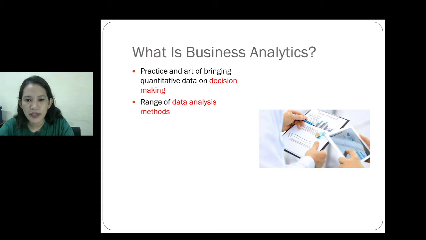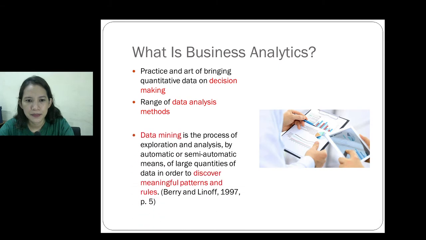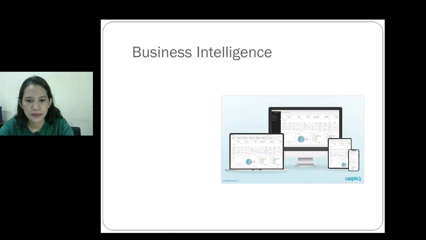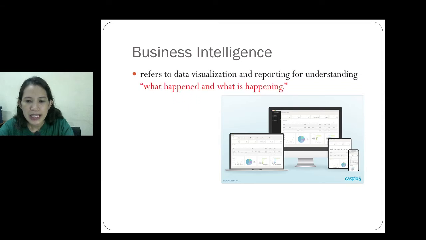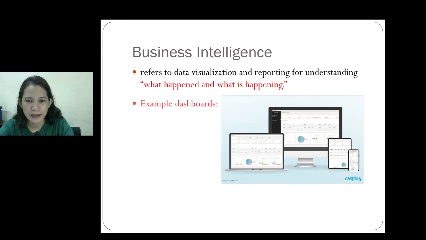The next level of analytics, now termed business intelligence, or BI, refers to data visualization and reporting for understanding what happened and what is happening. This is done by use of charts, tables, and dashboards to display, examine, and explore data.